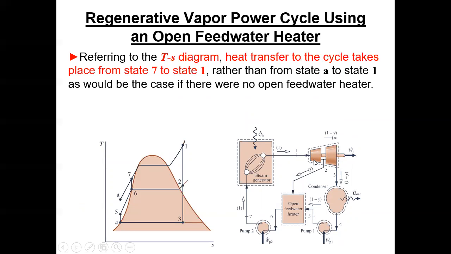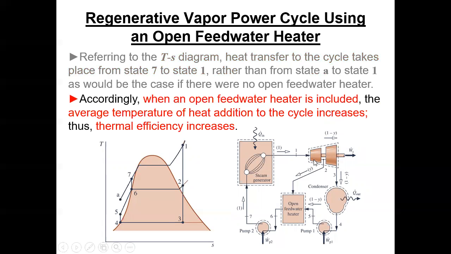Okay, let's see. So what are we doing here? Referring to the TS diagram, heat transfer to the cycle takes place from state 7 to state 1. I kind of already talked about that, rather than from state A to state 1, which would be the case if the Feedwater heater wasn't present. So this is showing you that with the Feedwater heater, we're going from 7 to 1.